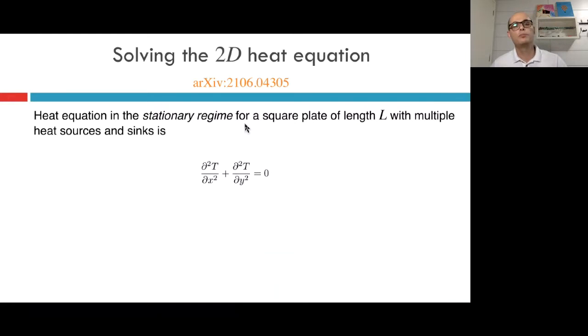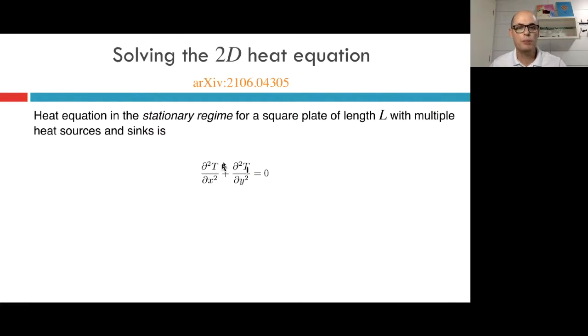The first problem is how to solve the two-dimensional heat equation using this approach, using quantum annealers. In general, quantum annealers are used to solve binary optimization problems, although now they are also being used for more general discretized problems, and here you are using them for continuous variables.